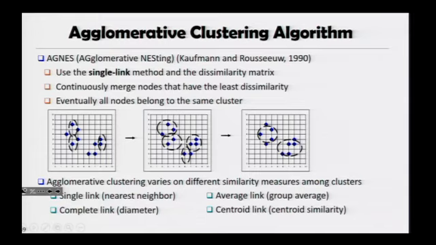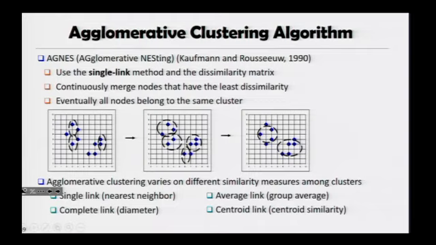And let's look at some concrete algorithms of agglomerative clustering. There's one called AGNES, proposed in 1990. They use the so-called single link method to define the dissimilarity matrix. I will talk about what single link is shortly.